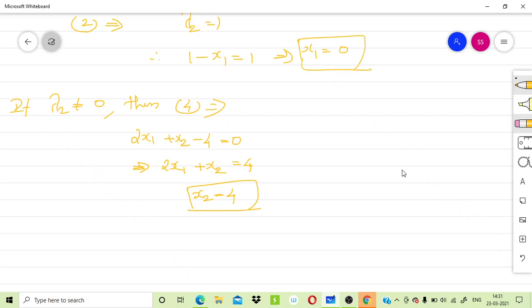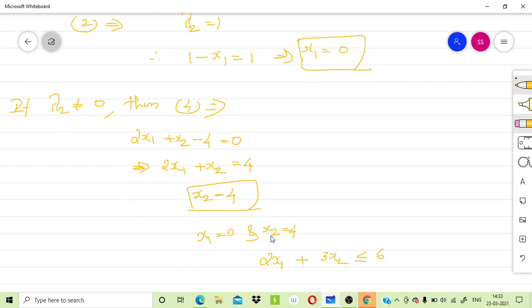But if you substitute x1 equal to 0 and x2 equal to 4 in equation number 5, 2x1 plus 3x2 less than or equal to 6, that means 2 into 0 plus 3 into 4 less than or equal to 6.